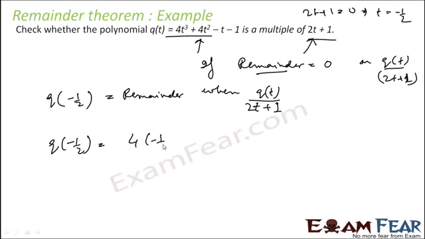So let's find the remainder first. This is 4t cubed, 4 into minus 1 by 2 cubed, plus 4t square, t is again minus 1 by 2 squared, minus t, t is again minus 1 by 2, and then minus 1.